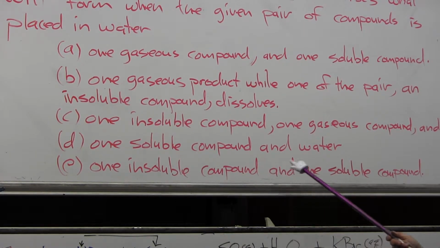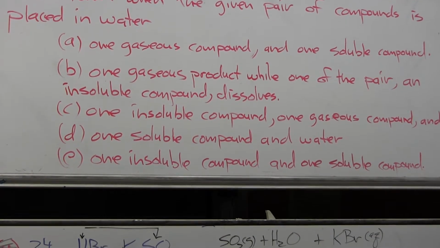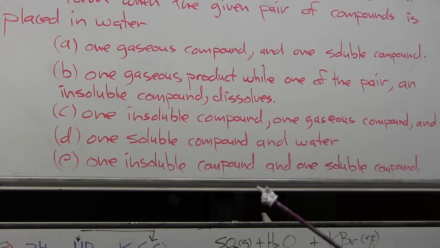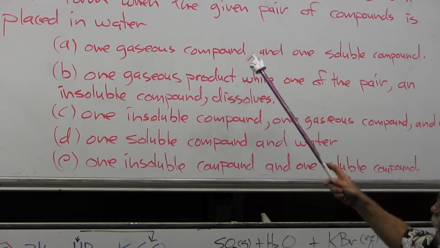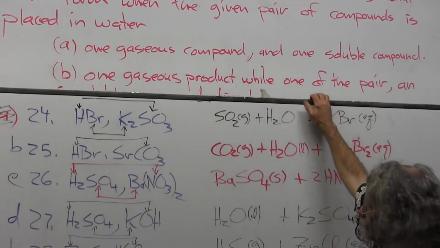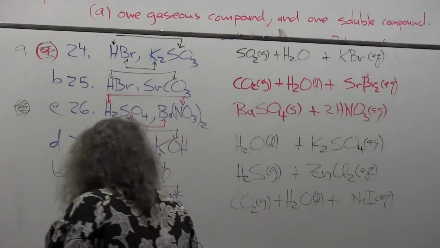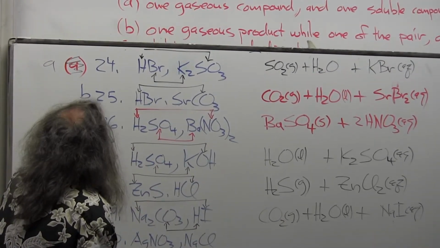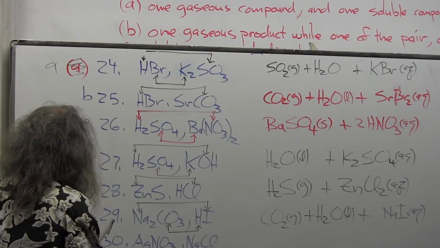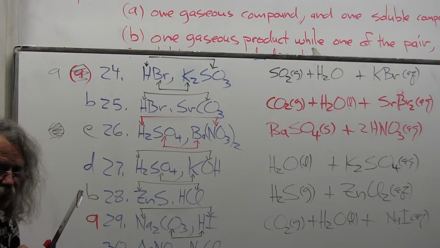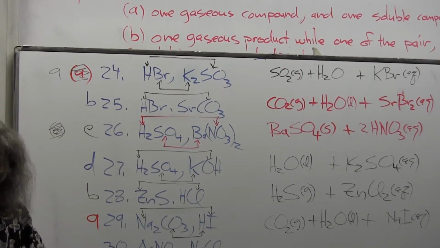I've got a soluble compound in water, but the gas is a feature that I would think is something we can't ignore, so I would take option A as the best descriptor. And so option A is one gaseous compound and one soluble compound. I put an A on the hard copy test, fill in the bubble for A on the Scantron.